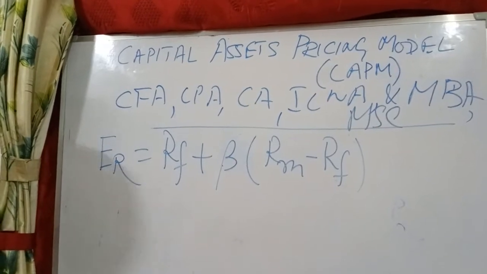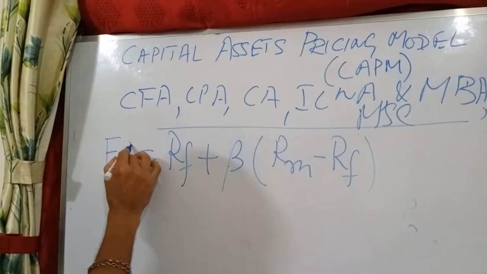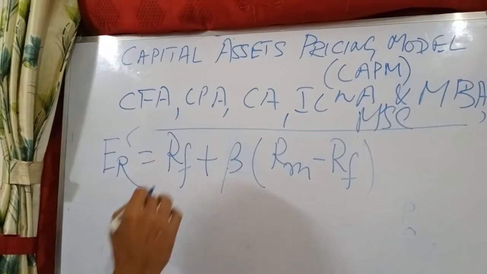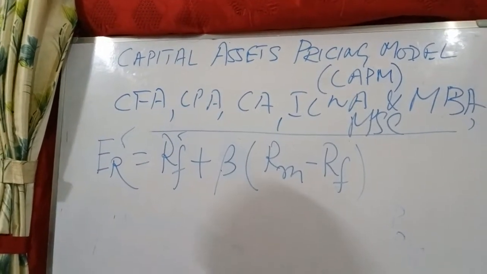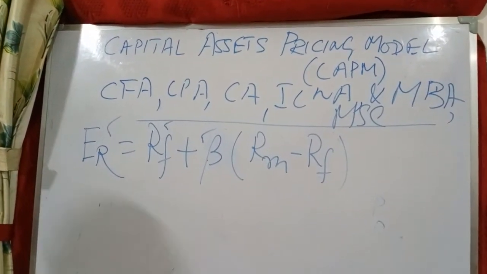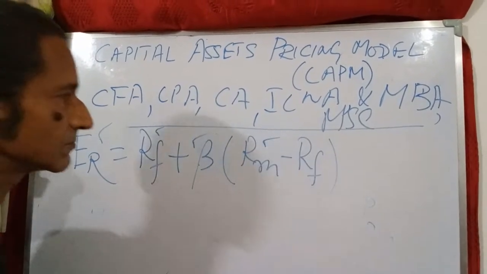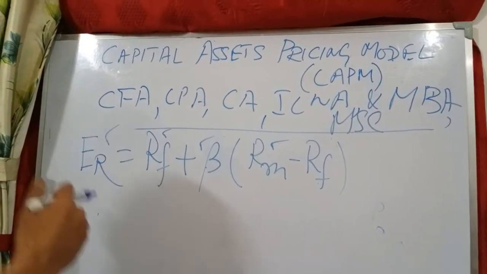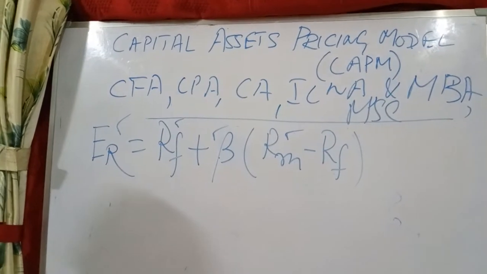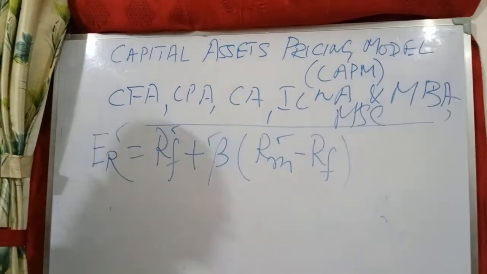So three things are there. One is expected return, one is risk-free return, and another is beta. Four things actually, and market return. We'll come to this one by one. Before that, let us learn how risk-return trade-off works.